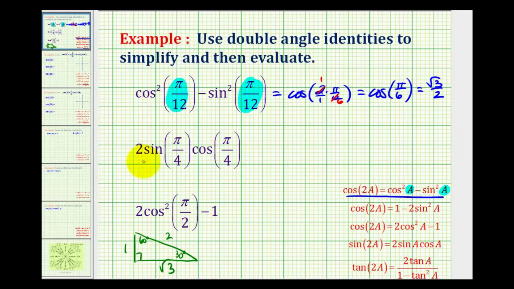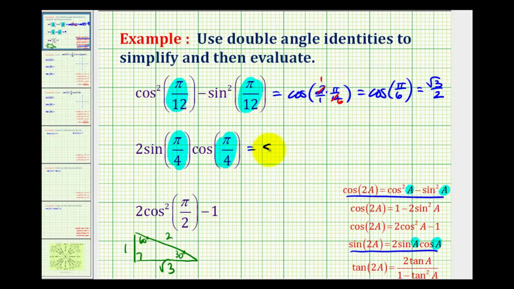For the second expression, we have 2 sine of pi over 4 times cosine pi over 4, which fits this double angle identity for sine. Notice we have 2 sine A cosine A on the right side, which is equal to sine of 2A. So A is equal to pi over 4.